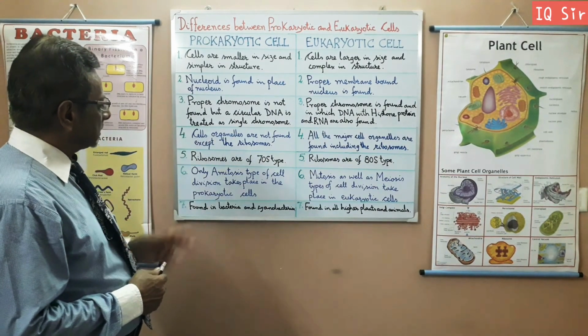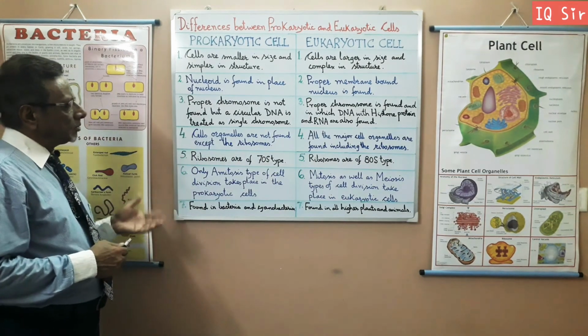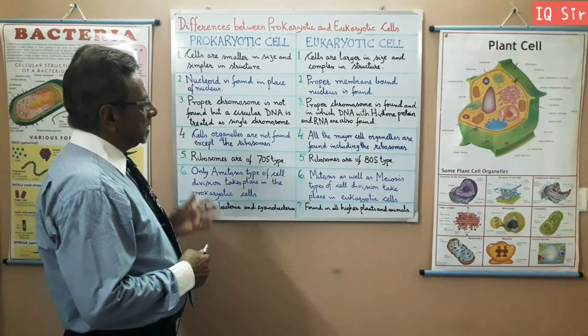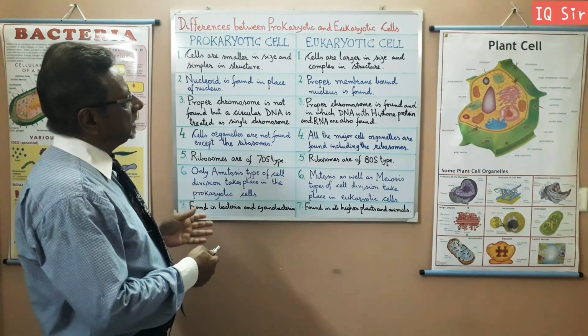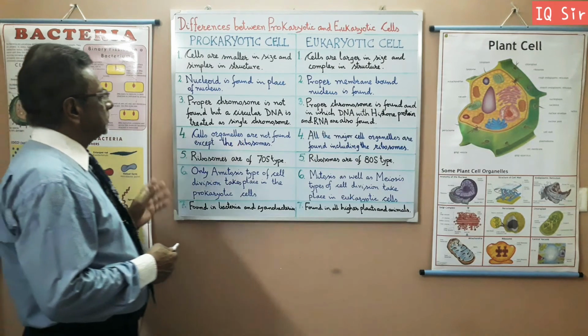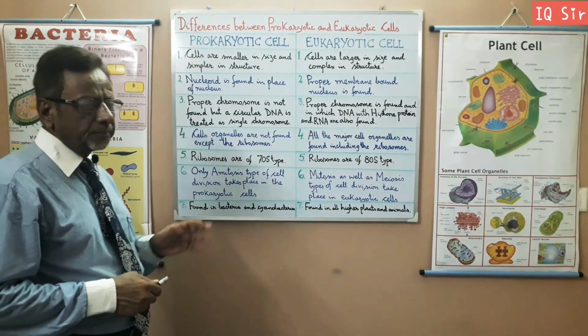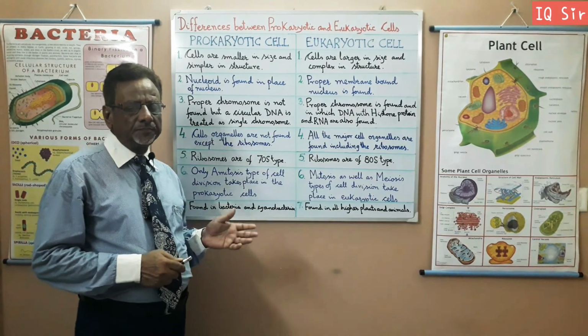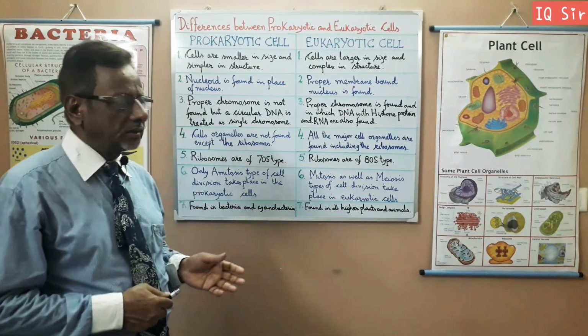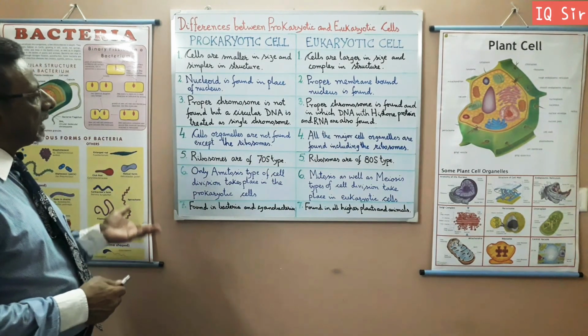Another point you can add is a mitochondria-like structure. In eukaryotes mitochondria are present as a cell organelle, but in prokaryotes the infolding of the membrane is called the mesosome. It acts as the site where the enzymes of respiration are present. That is the difference. So you can add many more points.